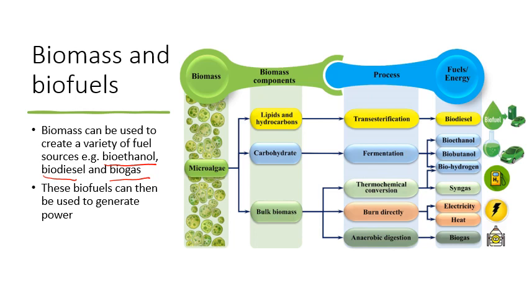For example, if we look at the diagram on the right of the screen here, we can see that if we use microalgae, a living organism, to undergo anaerobic fermentation, for example, this microalgae might be able to use some lipids or fats through a chemical process, and the resulting product is biodiesel, which we can then use to make diesel, which powers a lot of our machinery.